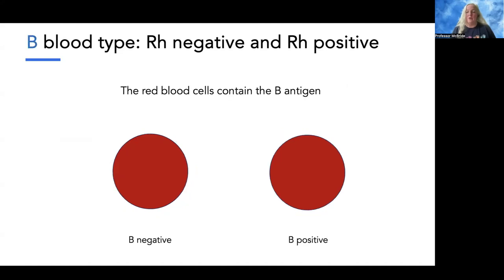For B blood type, we have the similar scenario except that this is with a B antigen. So if you have B antigens and no RH factor, the baby or the patient is B negative. If you have the B antigen and you have the RH factor, then they are B positive.